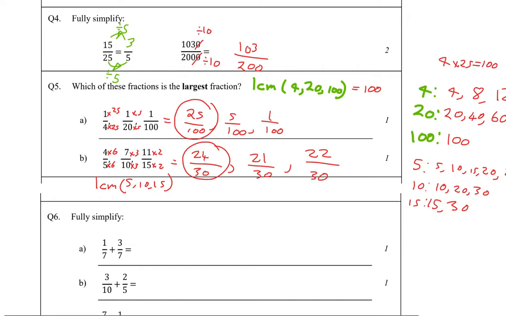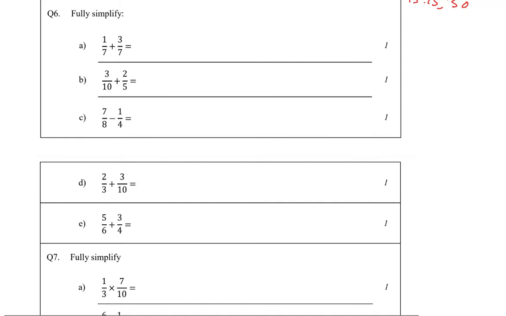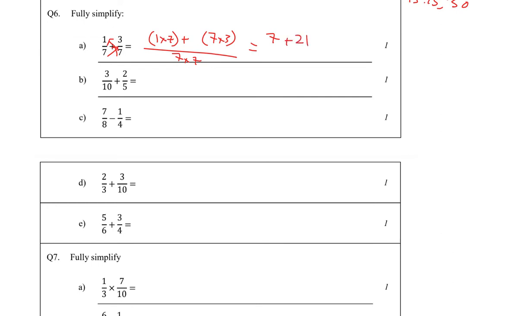Okay, so continuing with the theme of the lowest common multiple, there's two ways to add fractions. We can use the cross multiplication method. This is a good way to check to see if you got the correct answer. So 1 times 7 is 7, 3 times 7 is 21, all over 49.